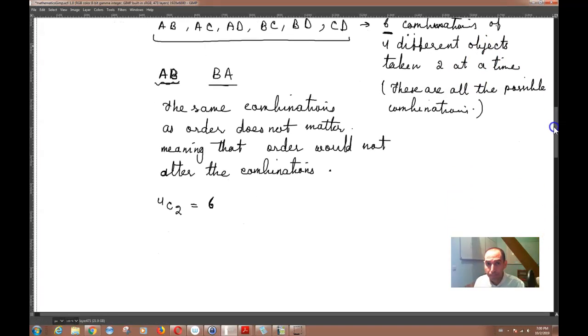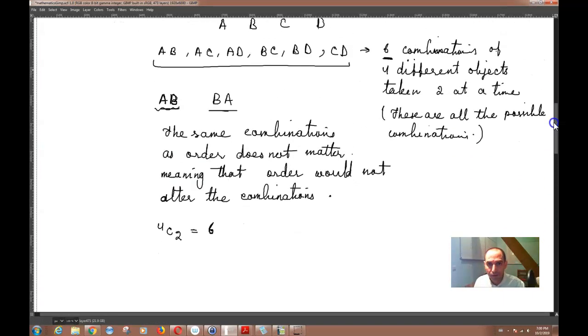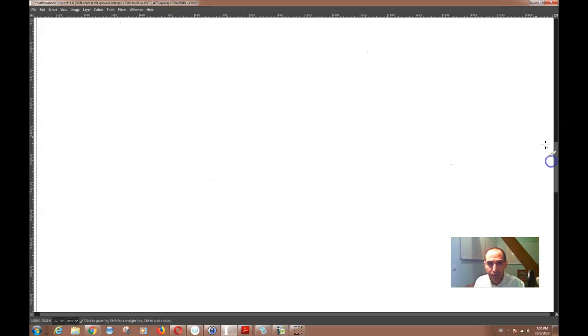If I have the same objects A, B, C, and D, let's list all of the different selections of these four different objects.